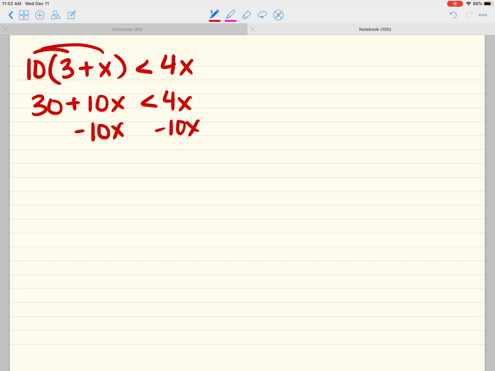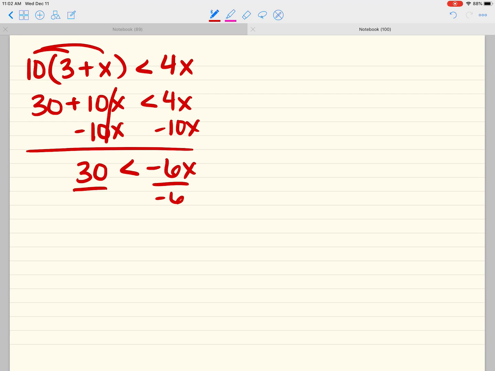Now, is that the only way to solve? No. Is it the quickest way to your answer? Yes. So I would get 30 is less than what? Negative. Nathan, can you tell me what my last step is to get x by itself? Divide by -6. What happens when I divide by a negative number on both sides?